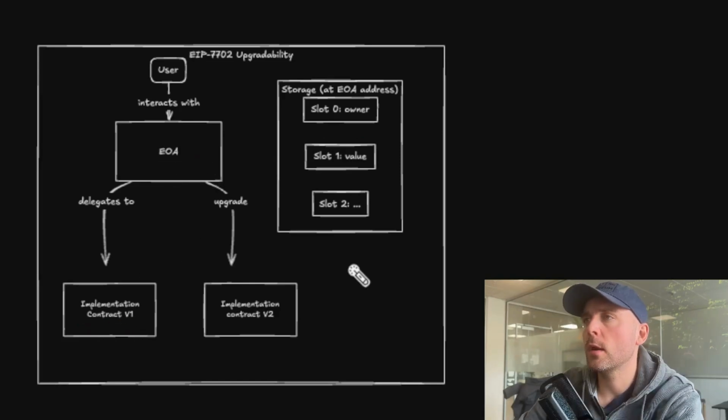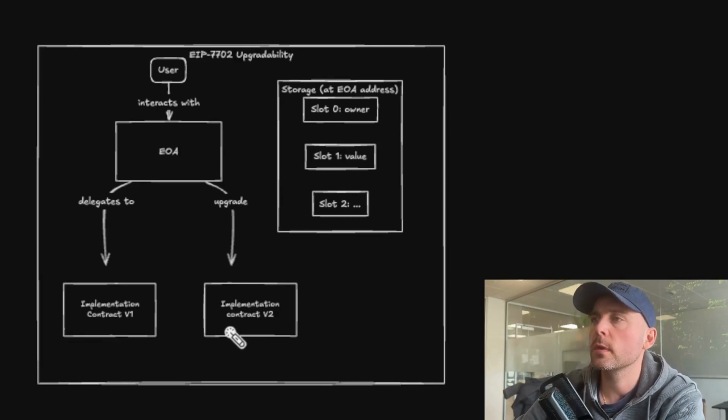Now, if you are unfamiliar with EIP 7702 and want a better understanding, I would pause here and check out the link in the description notes below, where I did a video that goes through EIP 7702 very much in detail. In any case, the point here about proxies and EIP 7702 upgradability is that both face the risk of storage collision.